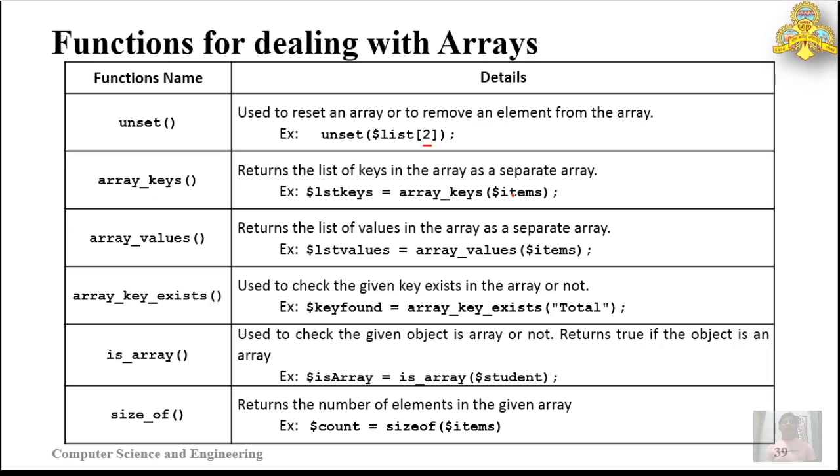Array hyphen keys returns a list of keys as a separate array. The example is given. Array hyphen values returns a list of values in the array as a separate array. So if there is a hash array or associative array, we can create two separate arrays from this one existing one, that is an array of keys and an array of values.